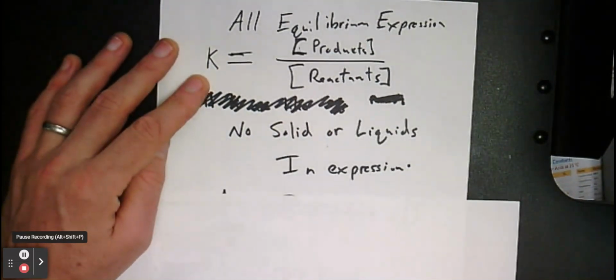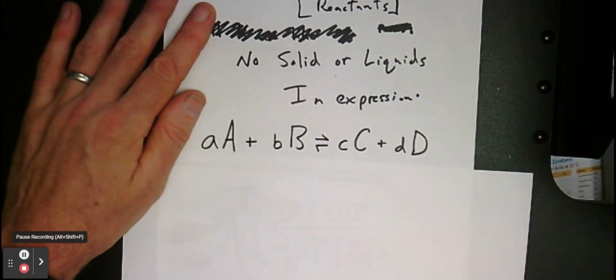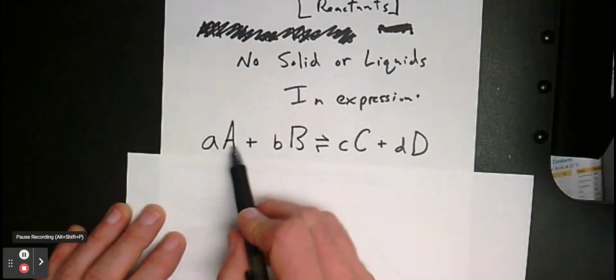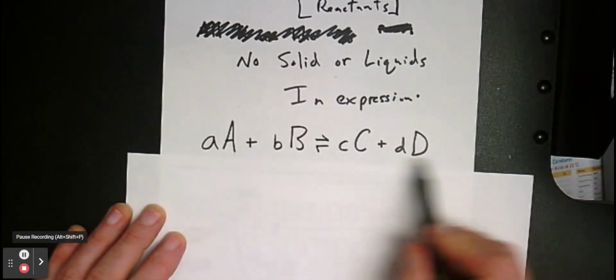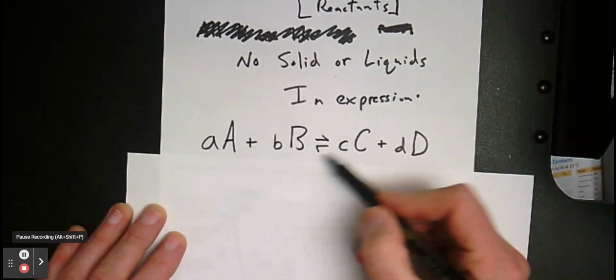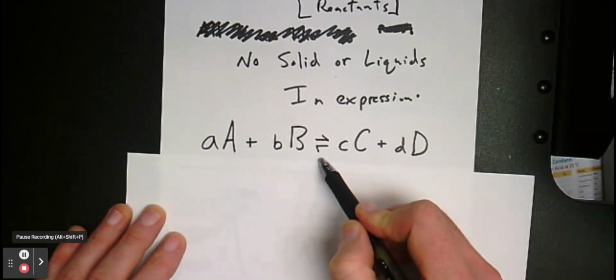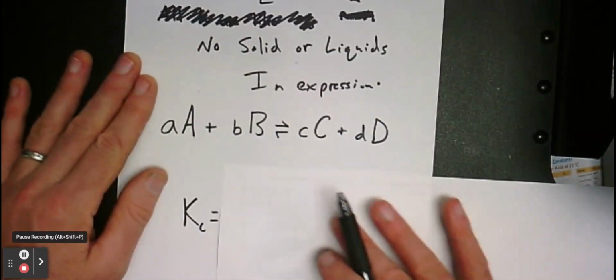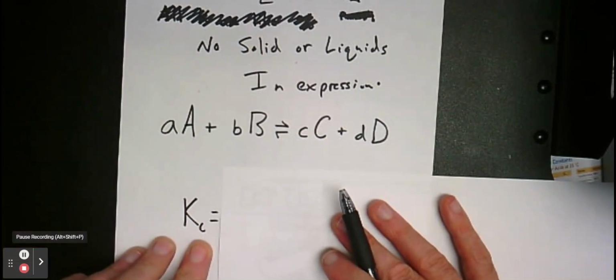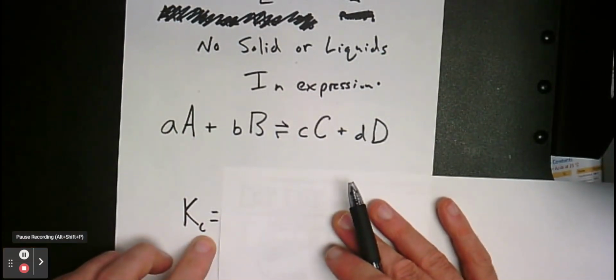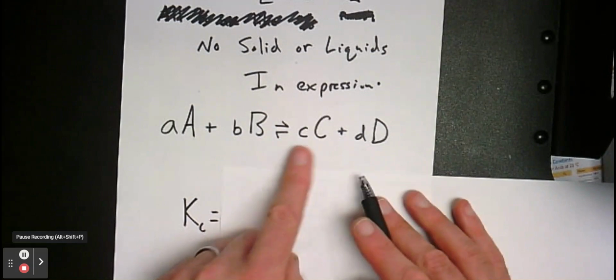If we had a general equation where the coefficient is a lowercase letter like this, this double-sided arrow means you're going to have the K expression. The K expression would be equal to, this is Kc, it means K concentration. The products go on top.